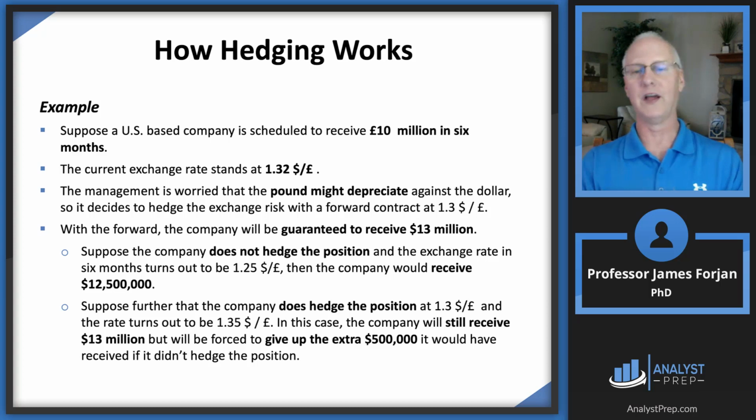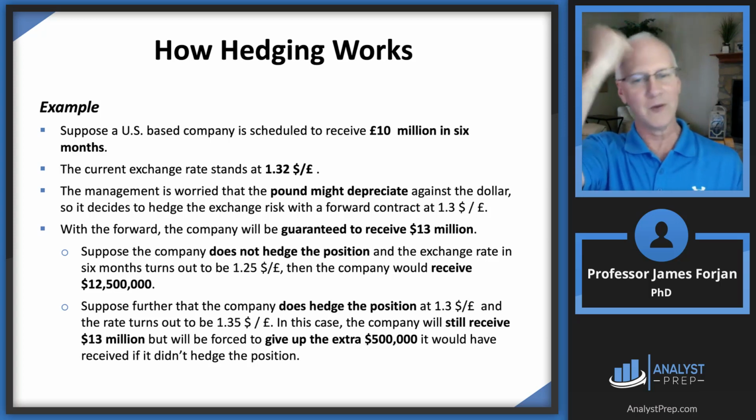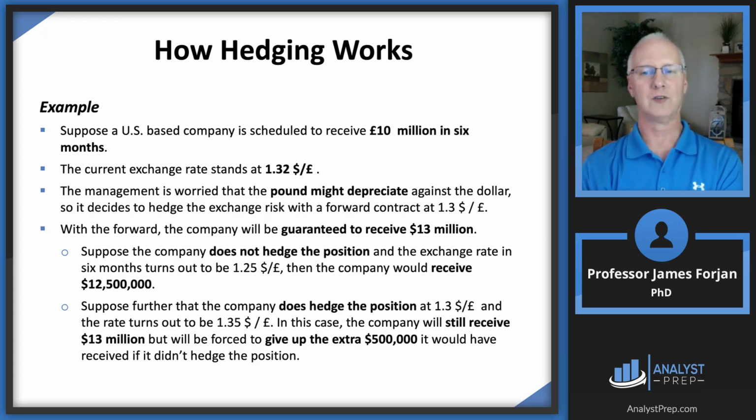On the other hand, suppose the rate turns out to be $1.35, and we would have received $13.5 million, but we had signed that contract and we only get $13 million. Now we say, oh, McFly, why did we do that? We lost out on that $500,000. So remember this about forward contracts: there's going to be a sense of regret or a sense of pride, one of those two.